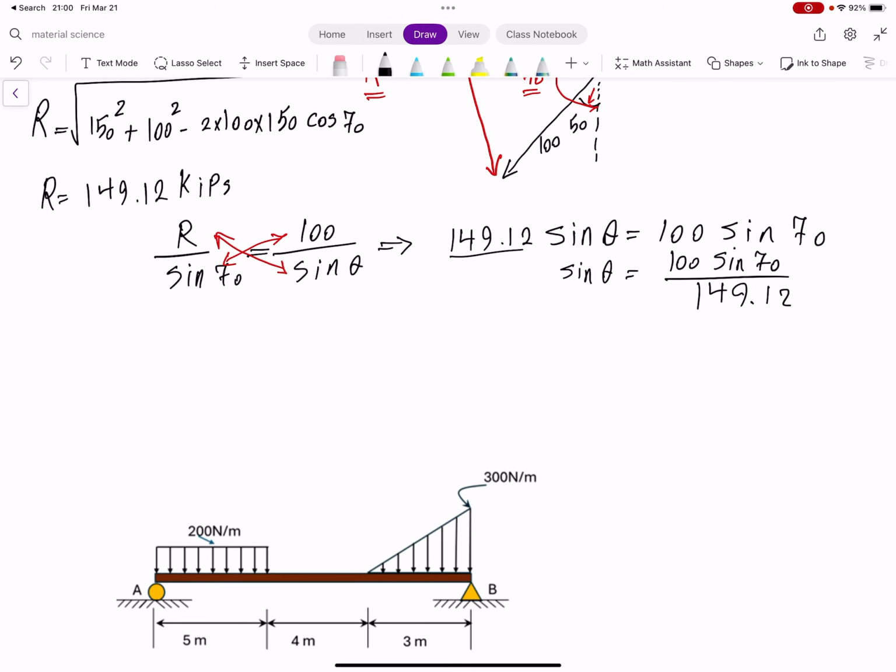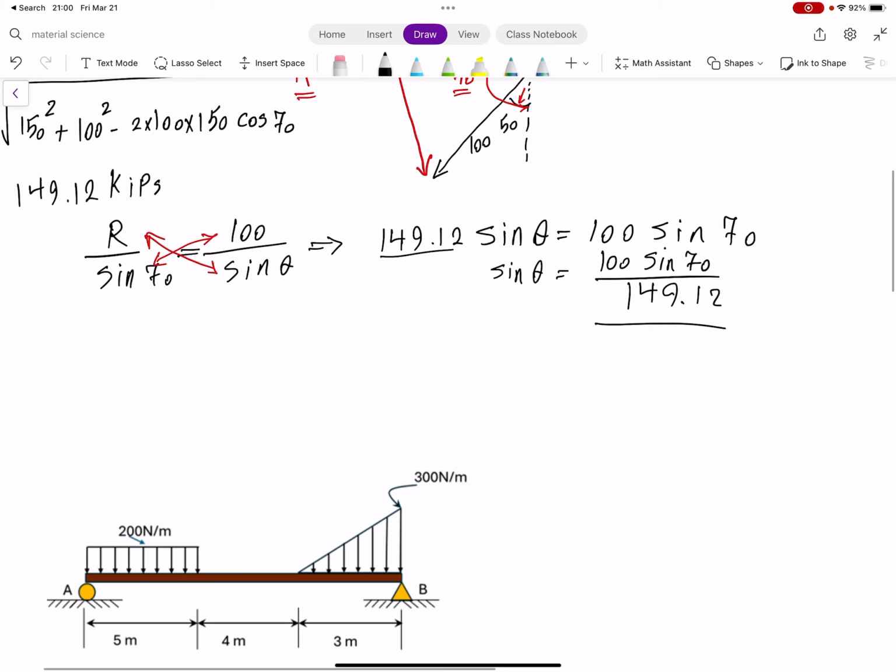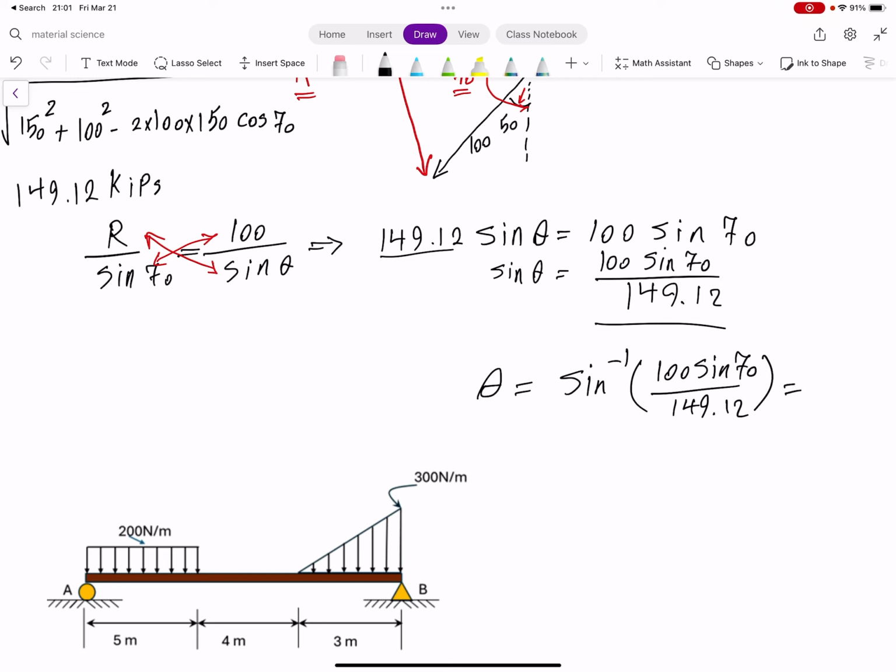So we find this ratio, and theta will be the inverse sine of this ratio, 100 sine 70 over 149.12, which is 39.06 degrees, right?